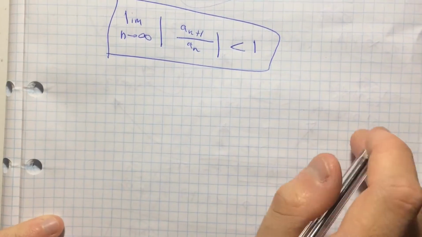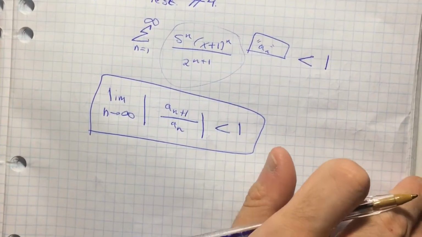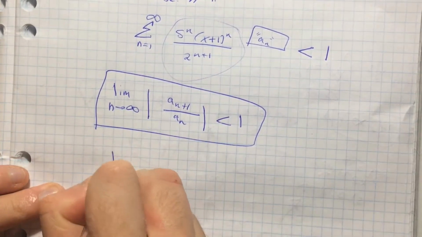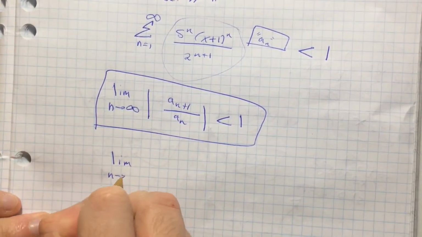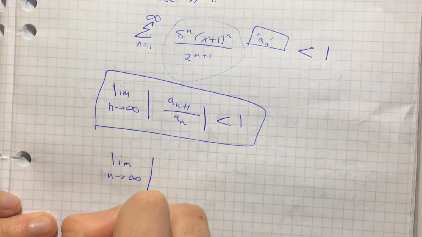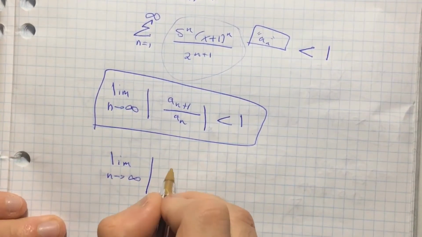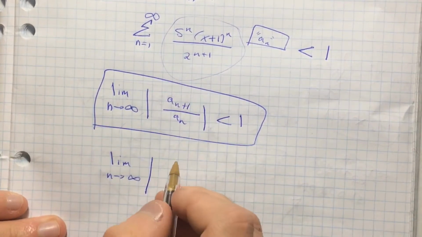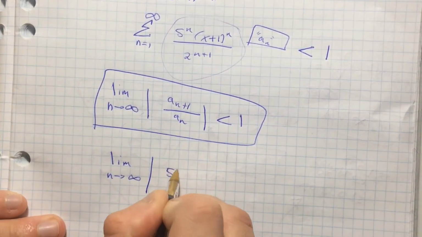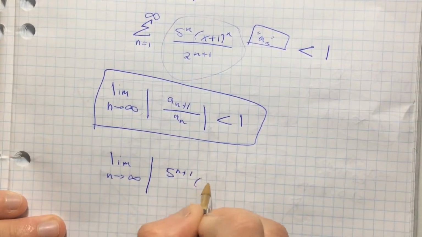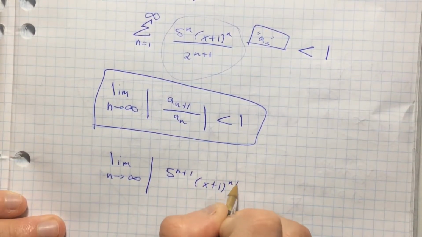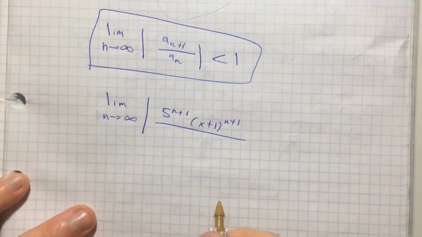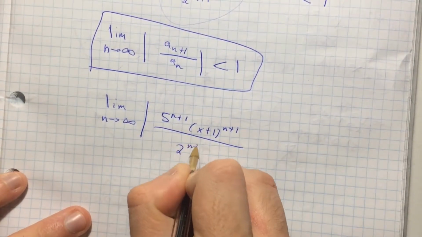So, I need to show you the actual problem. Let's do it. The limit as n approaches infinity of the absolute value of 5 to the n plus 1, (x plus 1) to the n plus 1, all over 2 to the n plus 2.